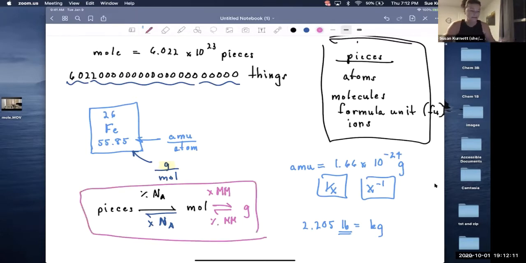And honestly, this first part, using Avogadro's number to get from pieces to moles, we do it a lot in this chapter, and then it just sort of sprinkles throughout the semester. It doesn't happen a lot. Avogadro's number is really important this chapter, or at this time. But this other idea of how to go from a group to a mass is very important throughout chemistry. Every week we'll be using this idea.